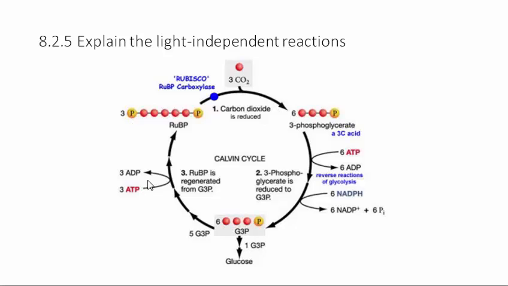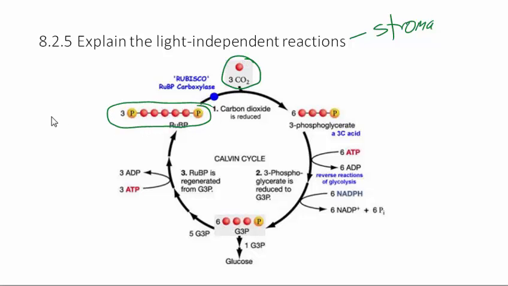So the next assessment statement says, explain the light-independent reactions. Now this is happening inside the stroma of the chloroplast. You see that the carbon dioxide molecules are being combined with a 5-carbon molecule called RuBP. And the name of the enzyme that helps this process is called RuBP carboxylase, or Rubisco for short. This process is a reduction step.